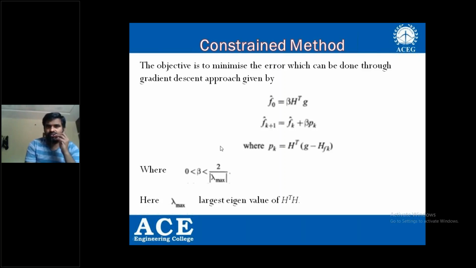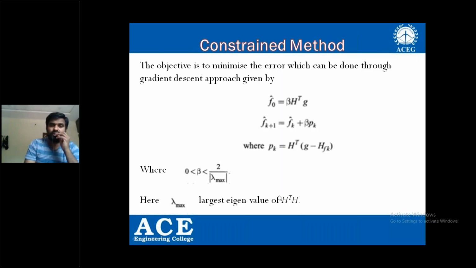Here we find f naught cap, which is equal to beta h transpose g. What is beta? Beta lies between 0 and lambda max. This equation in terms of h transpose h was derived in inverse filtering, where we saw the expression for f cap in terms of h transpose h.